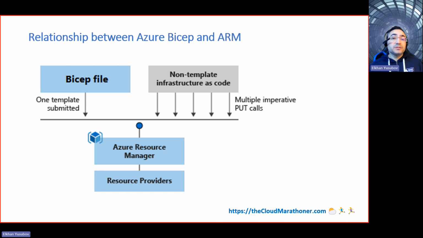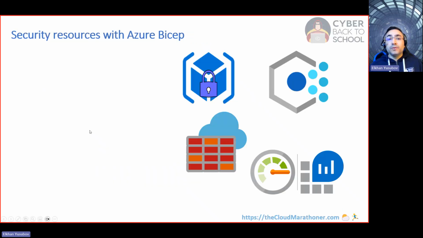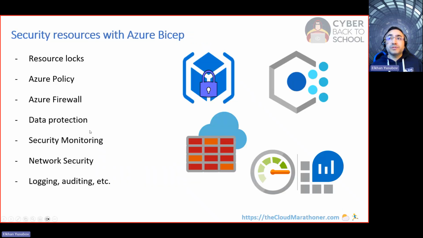Let's look into other security resources that you can manage and create with Azure Bicep. There are a number of resources. I'm not going to go through each of them, but security related resources include resource logs to make sure you have do-not-delete or read-only locks on your resources. You can accomplish that, and I will show you an example.